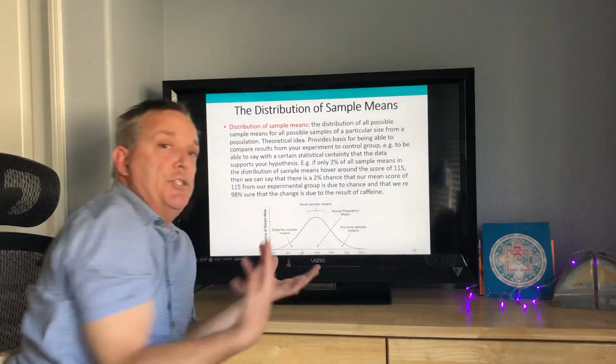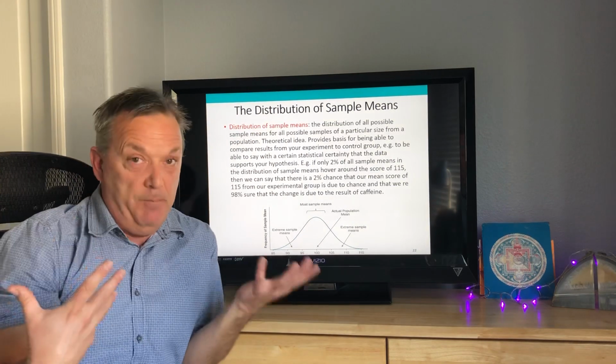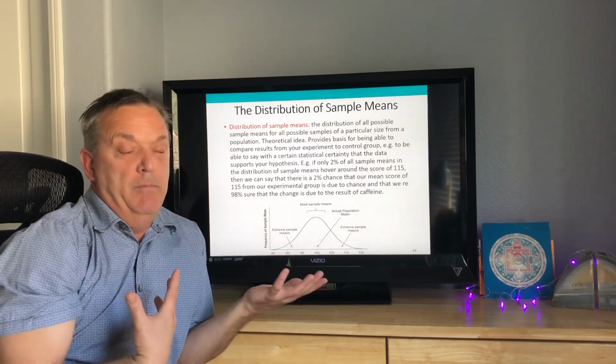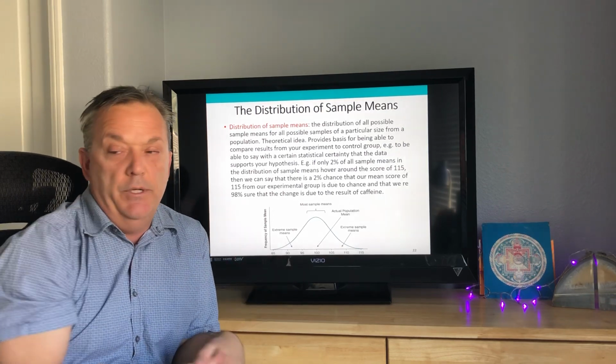But there still is a chance that it's due to error, right? Because in the distribution, you could have all of those Mensa participants on the bus arriving at your area that you're going to research.